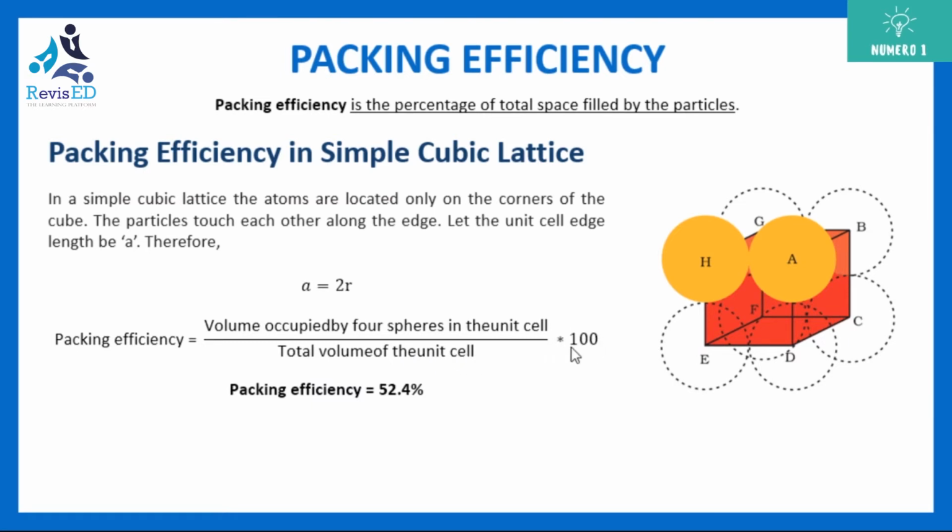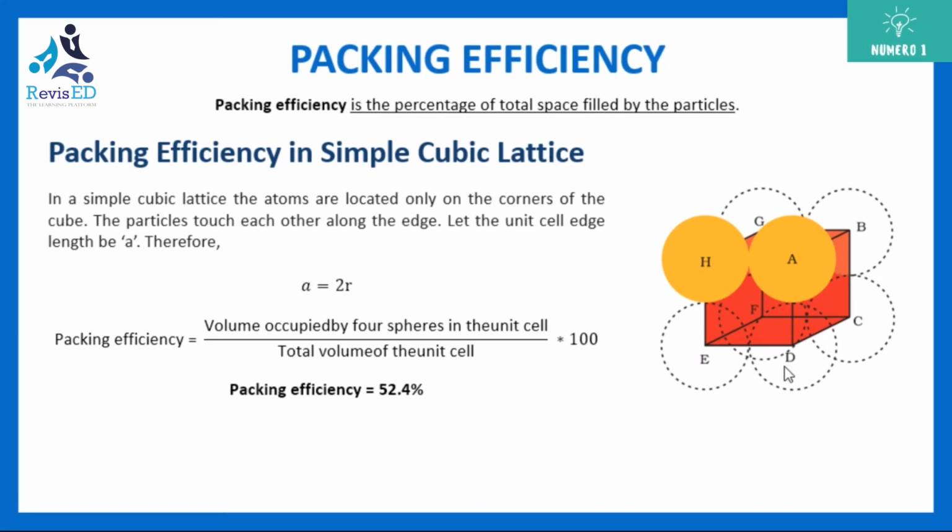Again, 100 is for getting it in terms of percentage. If you solve this and use this relation to cancel out a and r, you get your packing efficiency as 52.4%. So this was your simple cubic or primitive cubic lattice.